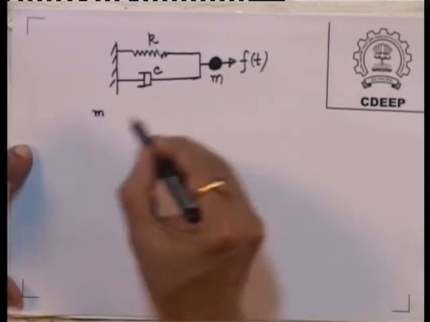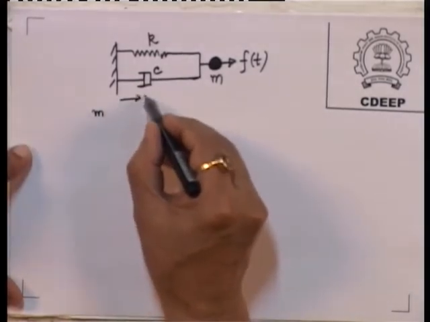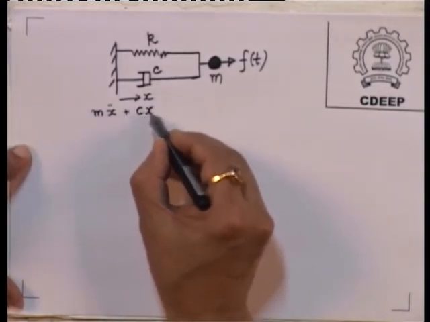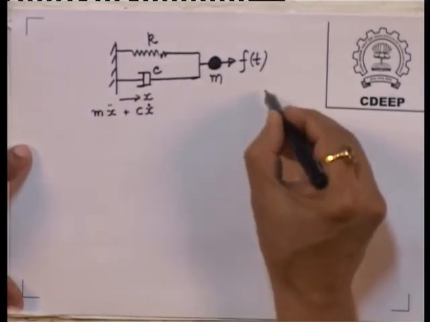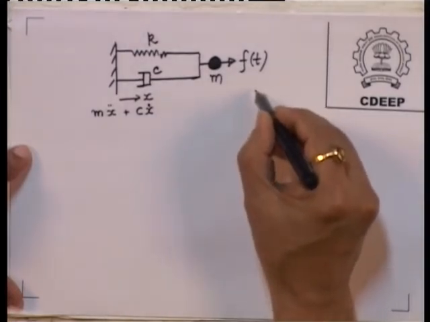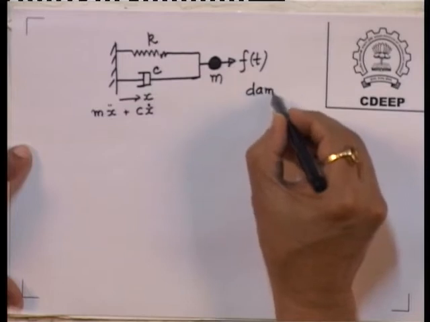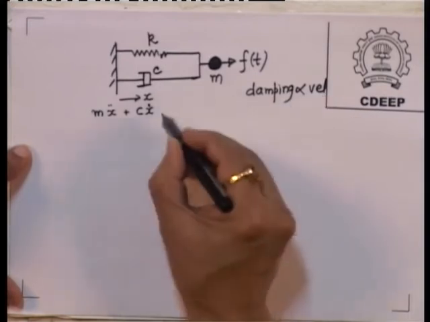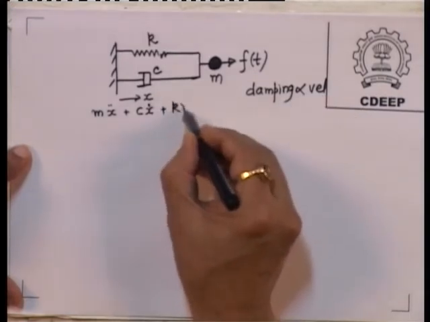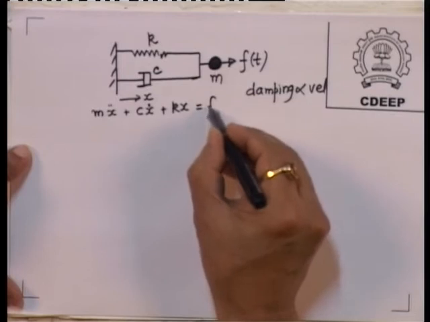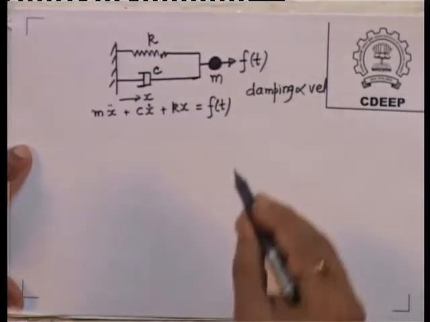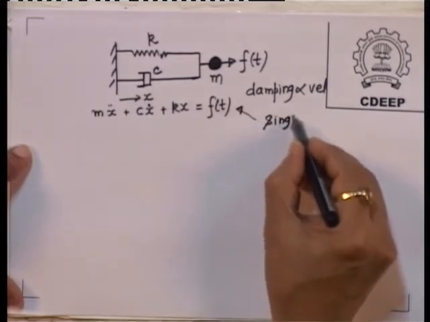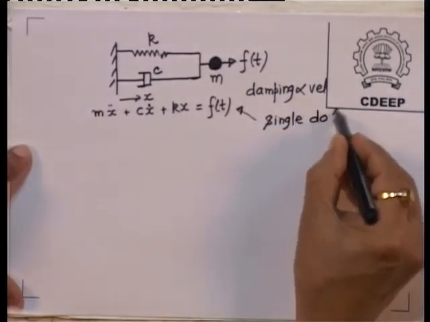The equation is written as m x double dot, if x is the direction you are measuring, plus C x dot, because damping is always proportional to velocity, plus Kx equal to F(t). So this is for single DOF.